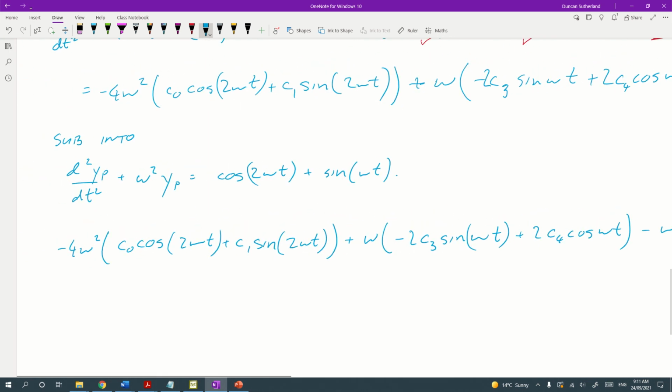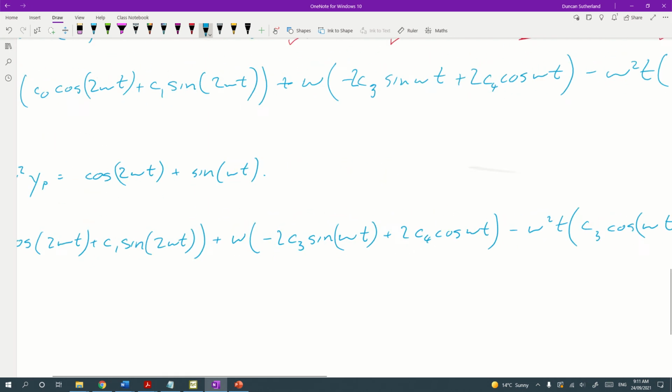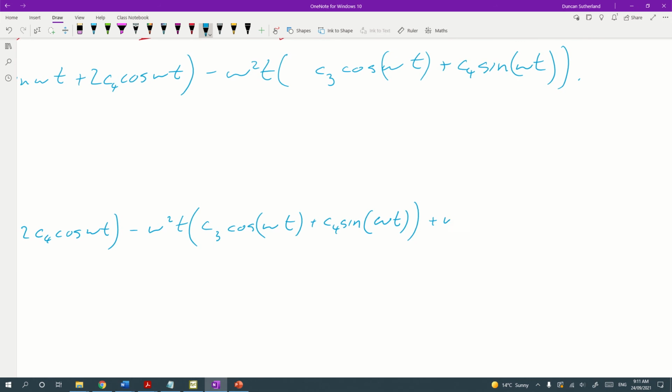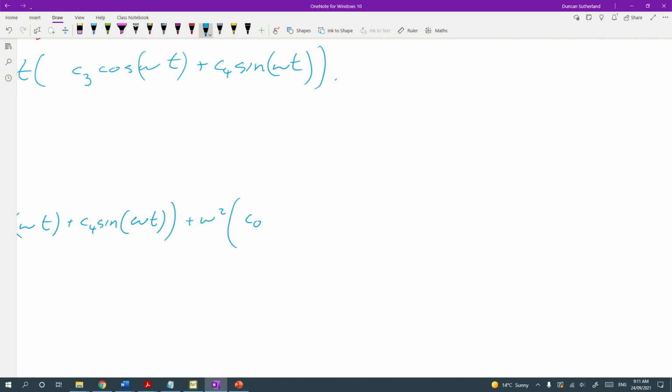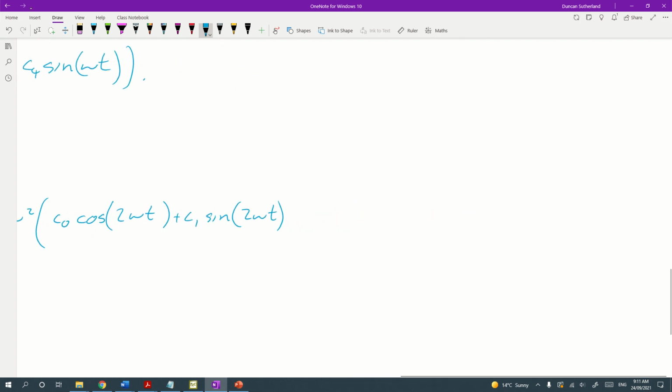I've now got to deal with this plus omega squared yp term. So yp, you will remember, was c naught cosine 2 omega t plus c1 sine 2 omega t plus t c3 cos omega t plus t c4 sine omega t.